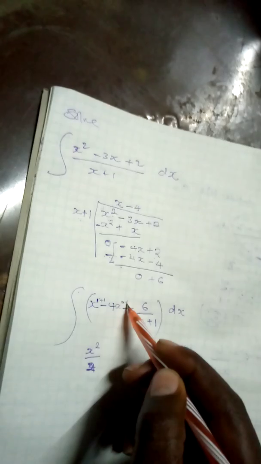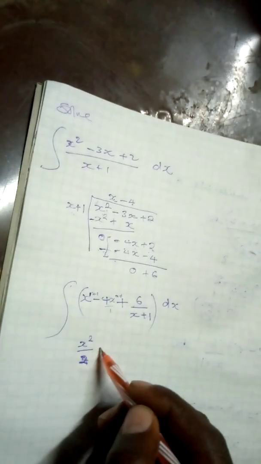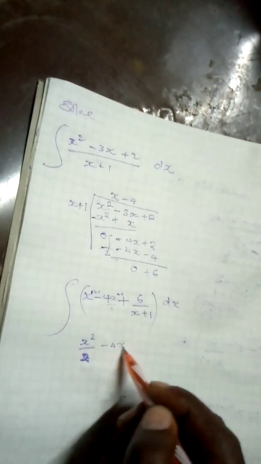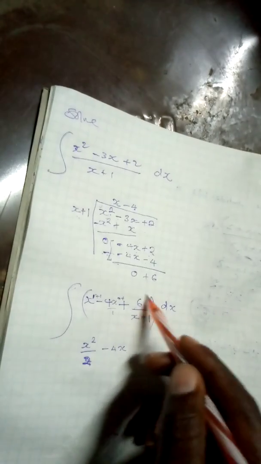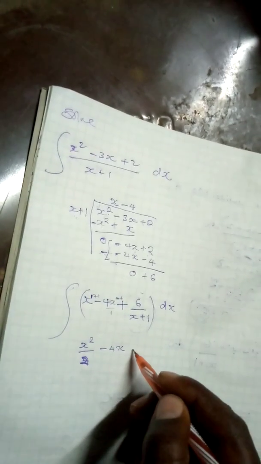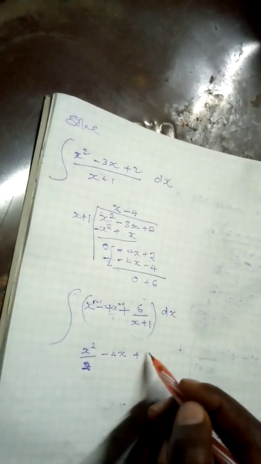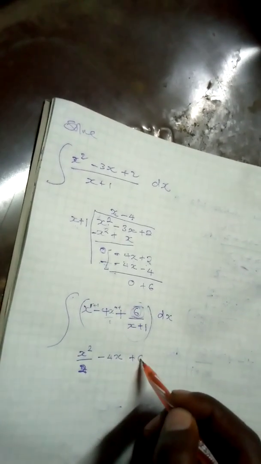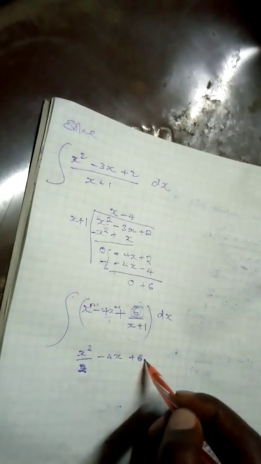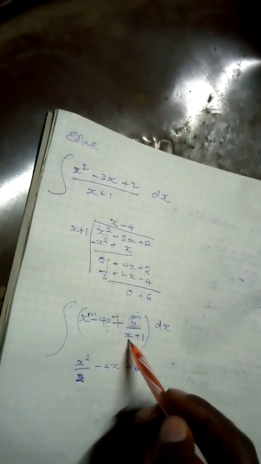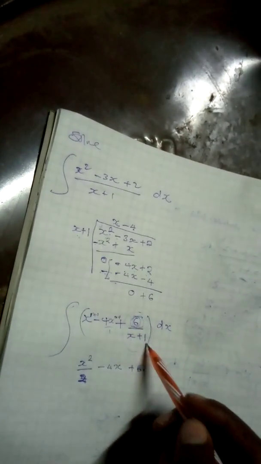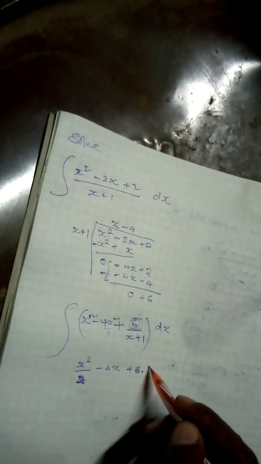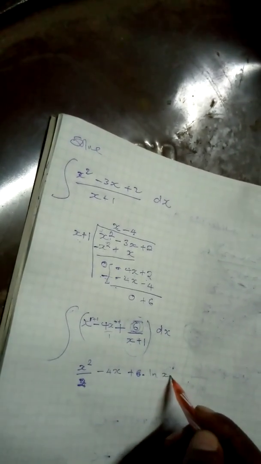We integrate by adding 1 and dividing by 1, so we are going to have minus 4x. And then the integral of the last term is plus 6. What we do here, this is like a constant, so we take the constant the way it is, 6, times 1 over x plus 1. And then the integral of that is going to be ln of x plus 1.